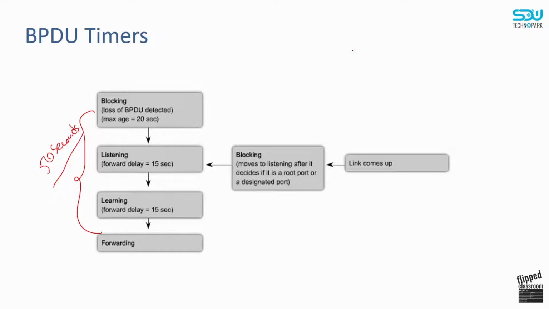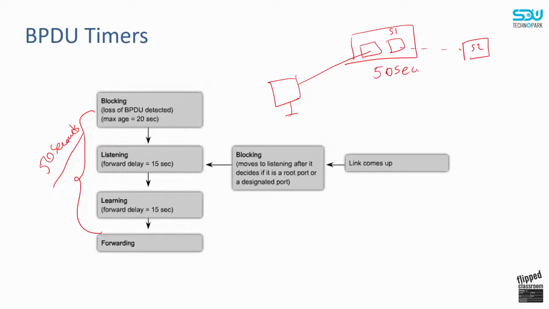It means that if your switch port is just connected to a PC, for example, or maybe also to another switch, this is switch 1 and switch 2, their ports will not work for about 50 seconds, because they will wait for these timers. It's actually not best practice to have such a big delay like 50 seconds. 50 seconds is almost 1 minute.